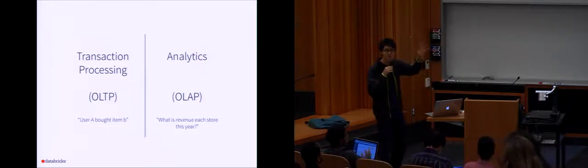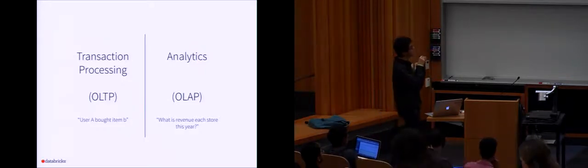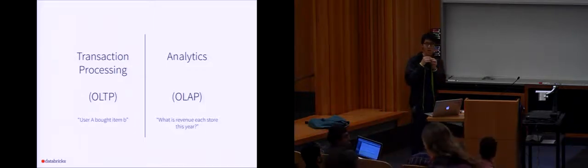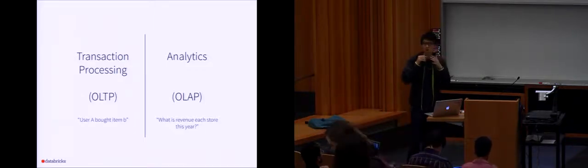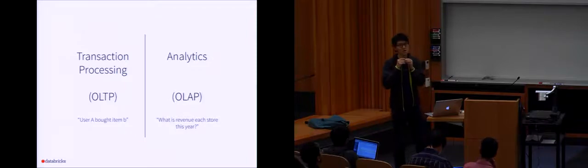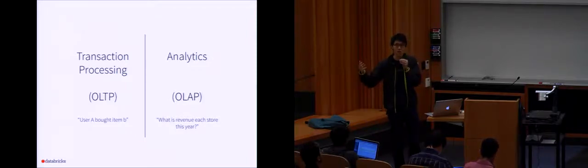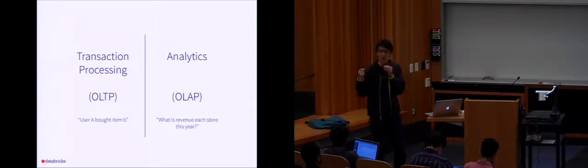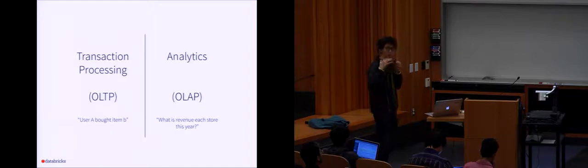A few of you. OLTP pretty much means online transaction processing. It's a database serving your transactions, with a lot of point lookups and updates. For example, every time you visit a page and buy something, the database is updated to record that transaction. The other part, which is what we're going to focus on today, is analytics.